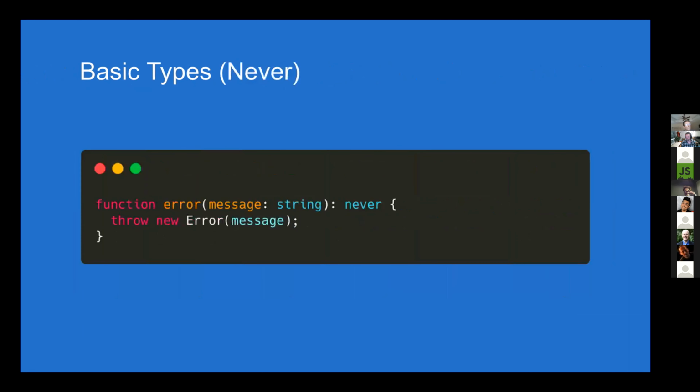Next, we have never, which is one of those I was talking about. They'll really only be used for return types. Never is the return type for a function that always throws an exception or error, or perhaps an infinite loop that just never returns anything.